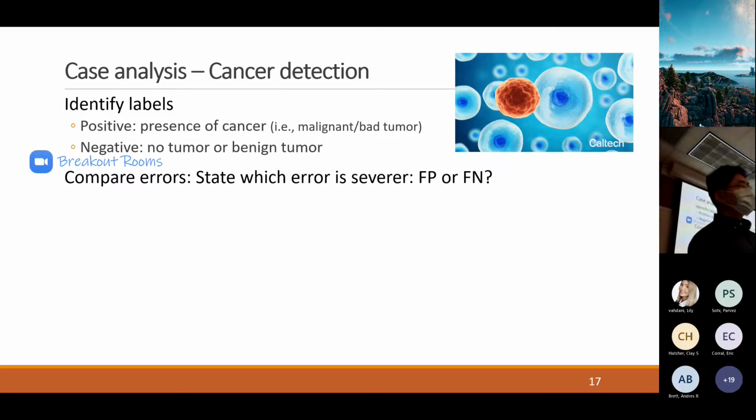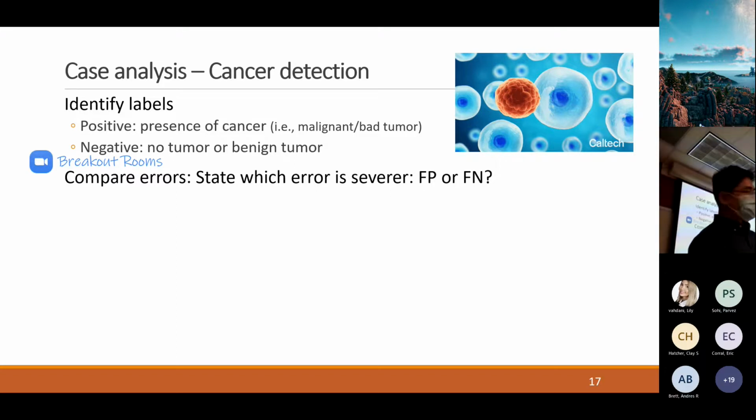So we're talking about malignant cancer, bad cancer, cancer that will cause further complications. But the negative outcome would be the opposite, either no cancer or benign cancer.